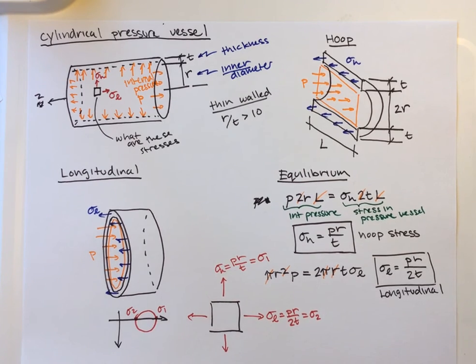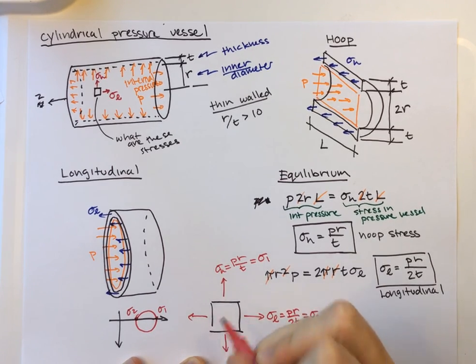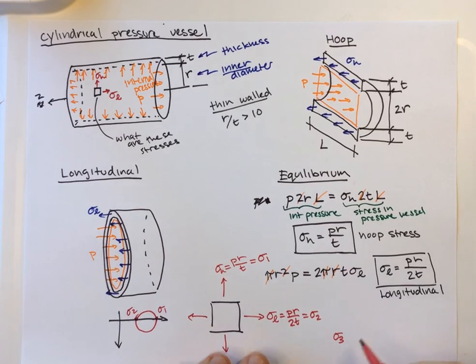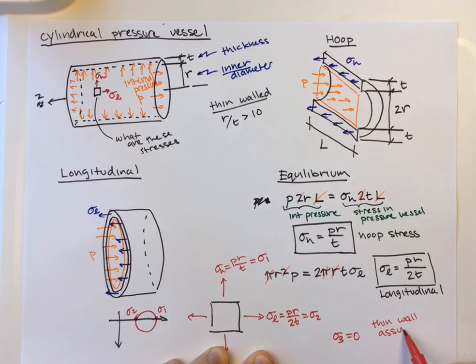One of the assumptions we've made is that sigma 3, the out-of-plane direction, is equal to 0. This is our thin wall assumption. In reality, the stress has to go from the pressure on the inside of the tank to 0 on the outside, but that happens over a very short distance. When the wall is thin enough, this tends to be a pretty good assumption.